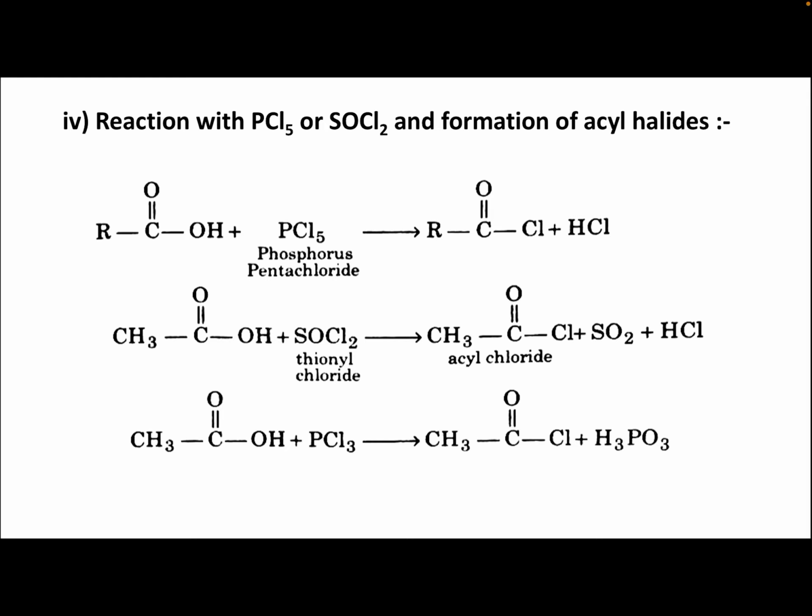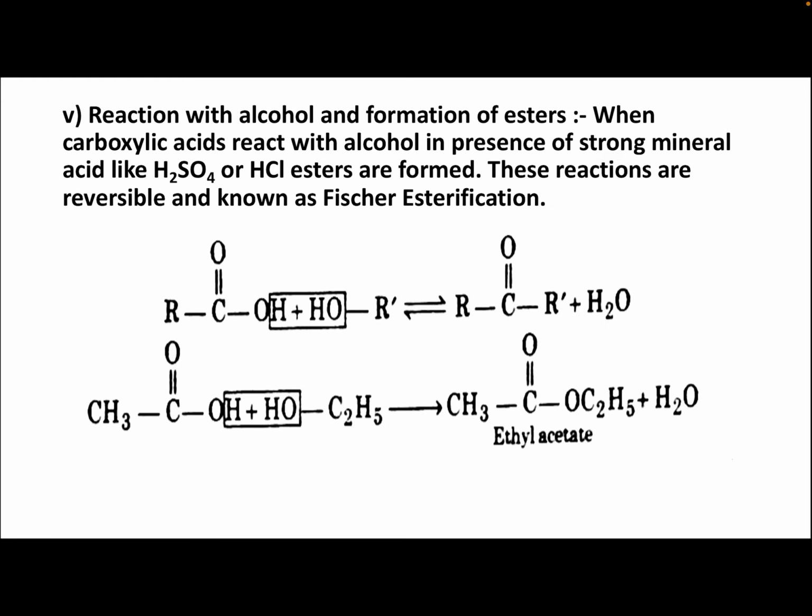Example, acetic acid on reacting with thionyl chloride gives acyl chloride, CH3COCl, acetyl chloride, plus SO2 and HCl. Acetic acid reacts with PCl5 to give CH3COCl, acetyl chloride, plus H3PO3, phosphorous acid. So acetic acid on reaction with PCl5 and SOCl2 gives acyl halides.